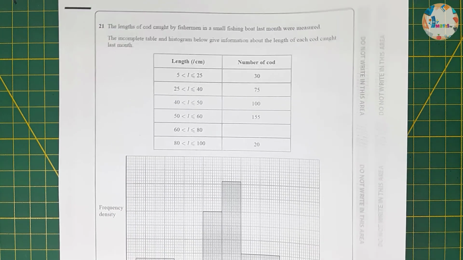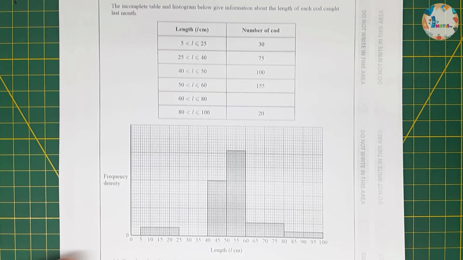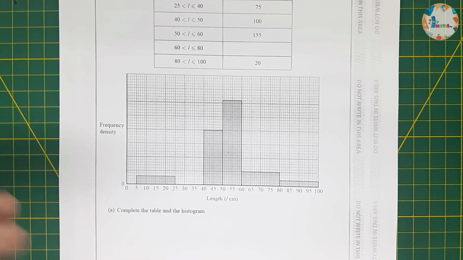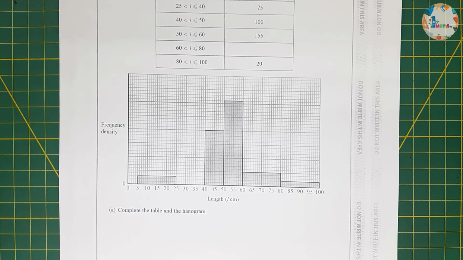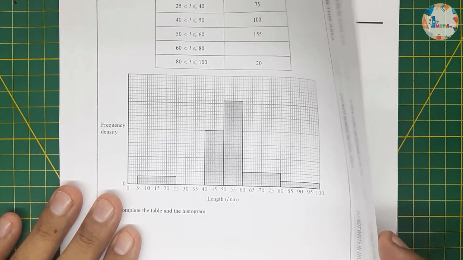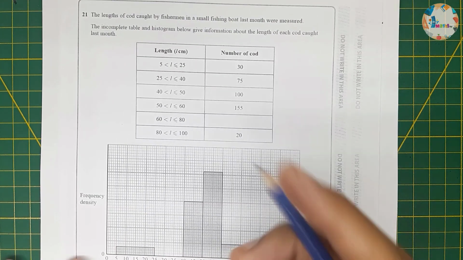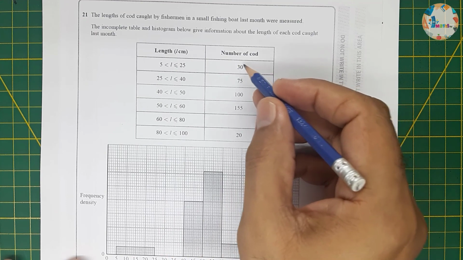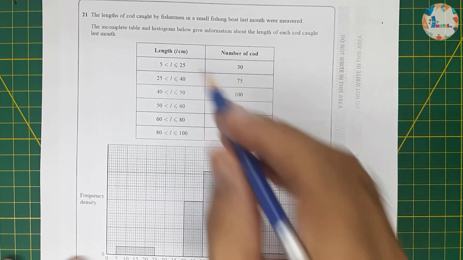So this is the table provided, and the histogram is also provided. We have to complete the table and the histogram. First of all, we can calculate the frequency density. Basically, this is class width, and this is frequency. So frequency divided by class width.